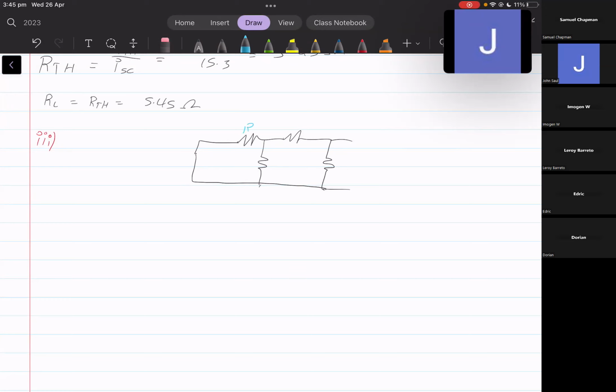So if we call this R1, R2, R3, R4, we'd have to simplify this down. So we could start by combining R1 and R2. So they'd be in parallel.